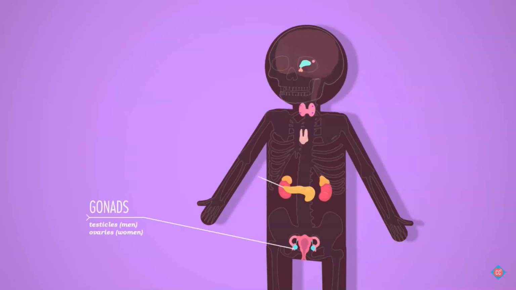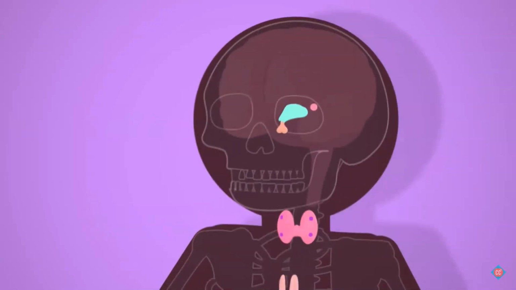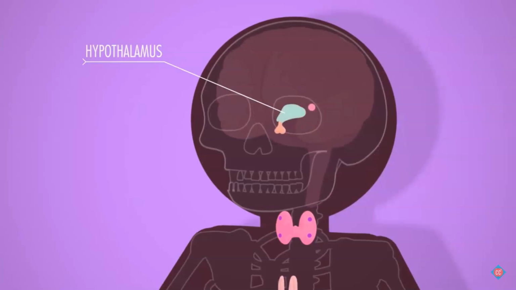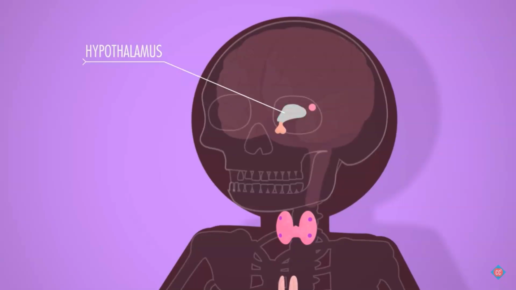The endocrine system also includes a few organs, like the gonads, the pancreas, and the placenta in pregnant women, all of which have some other non-hormonal functions and are made up of multiple tissue types. And technically the hypothalamus in your brain is in the endocrine club too, since in addition to all of its busy brain duties, it does produce and release hormones.